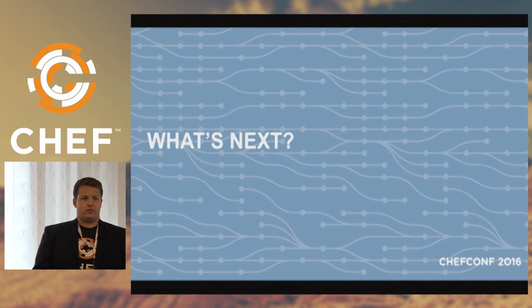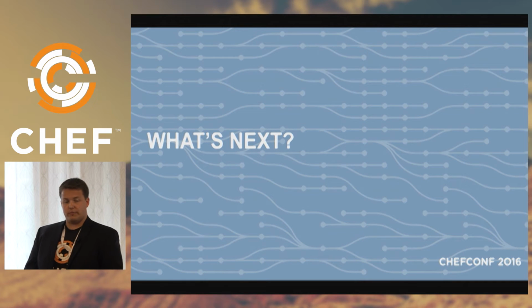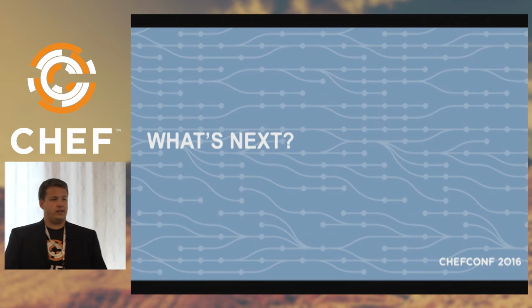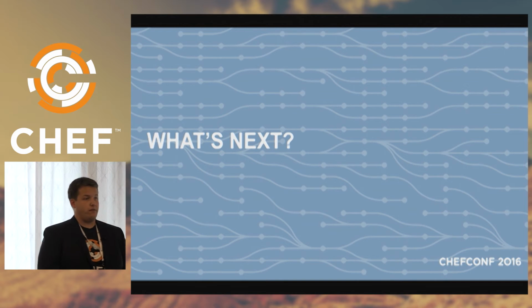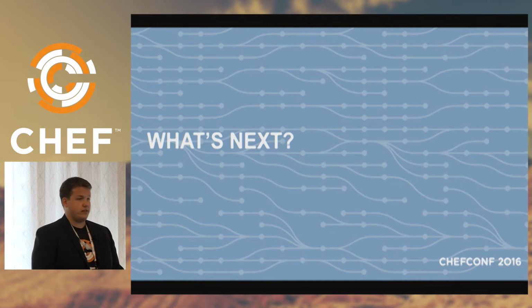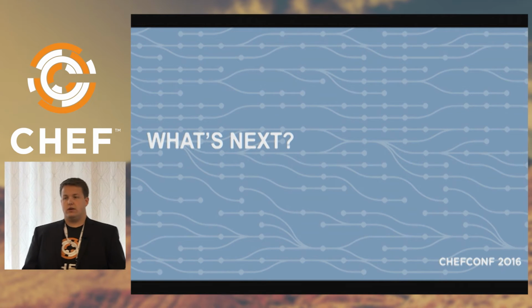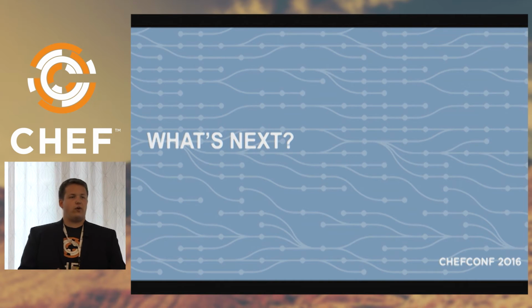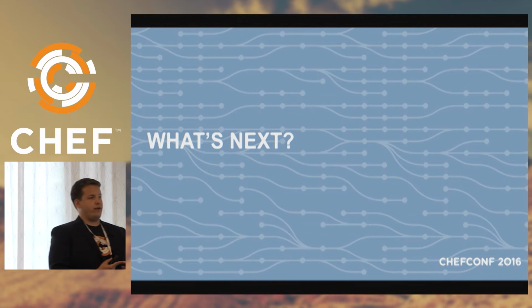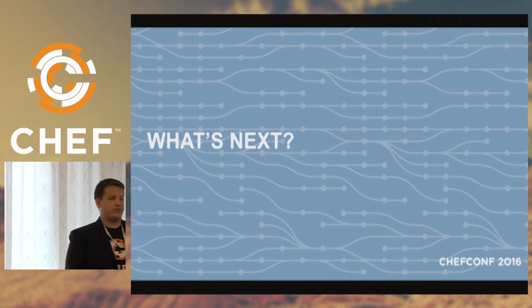So what else, right? What's next? One of the things I don't think I have a great slide on here is Supermarket in terms of getting cookbooks. The reason we want to build a Supermarket is that it gives us a way to share cookbooks between each other. If we're different teams at an agency, in an enterprise, or different programs in an integrator firm, whatever the situation is, we don't have the ability to, one, go out to the internet and grab any cookbook we want, and two, the cookbooks that we write, we're not allowed to share publicly.